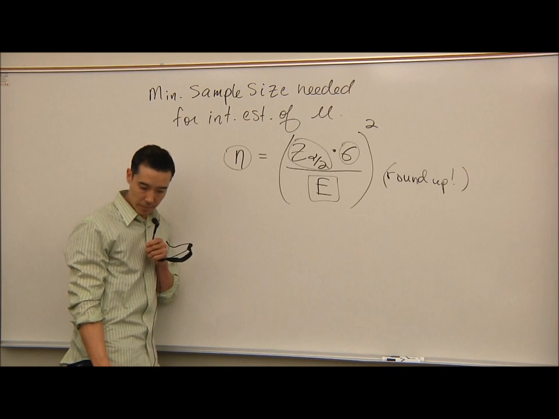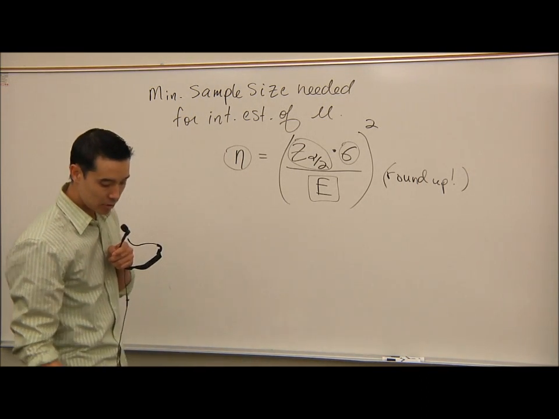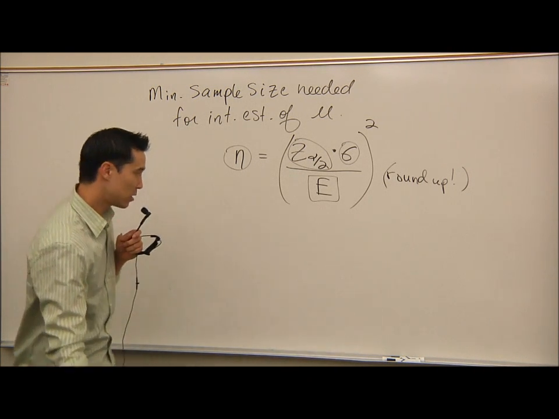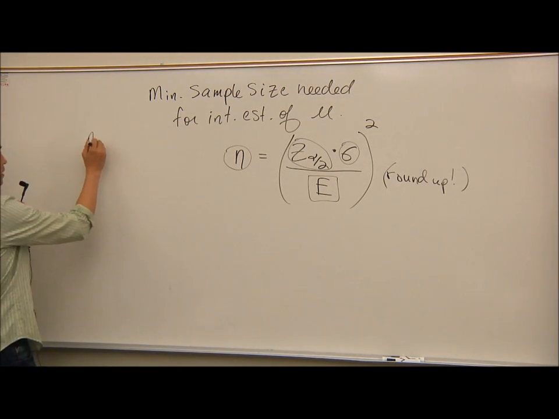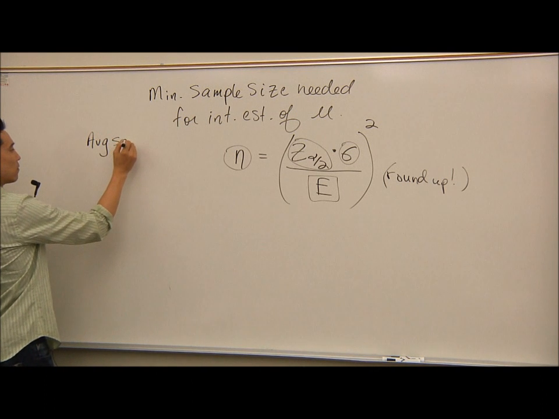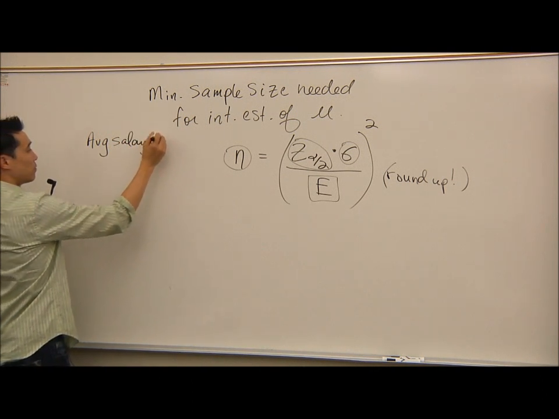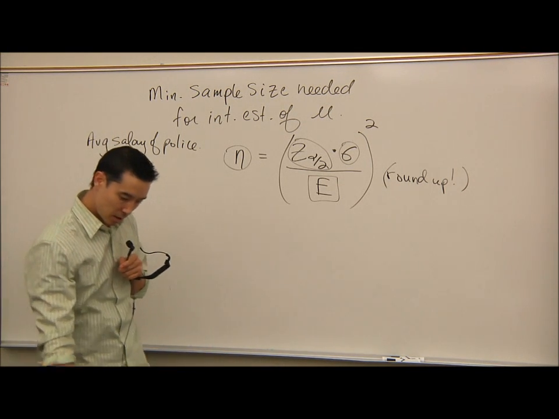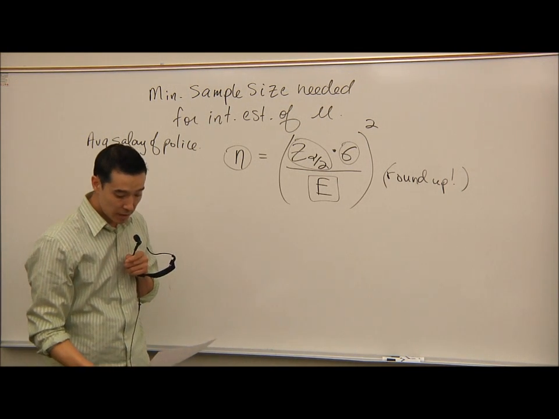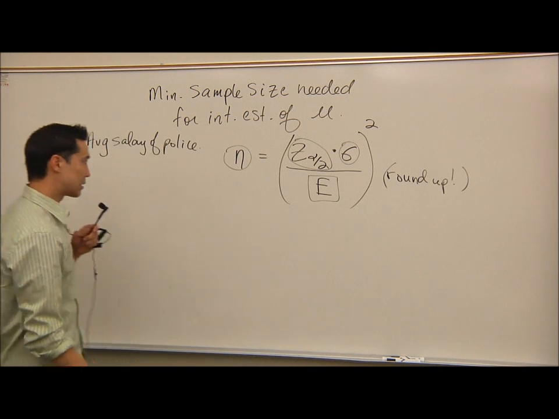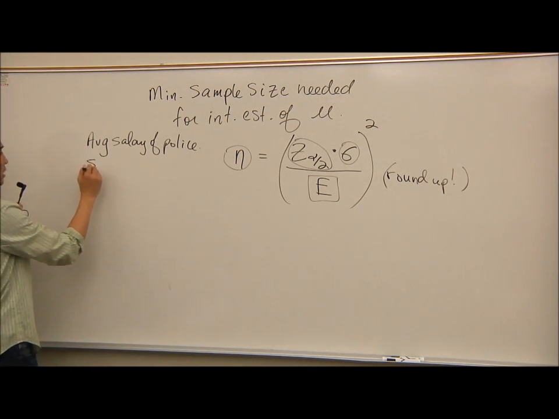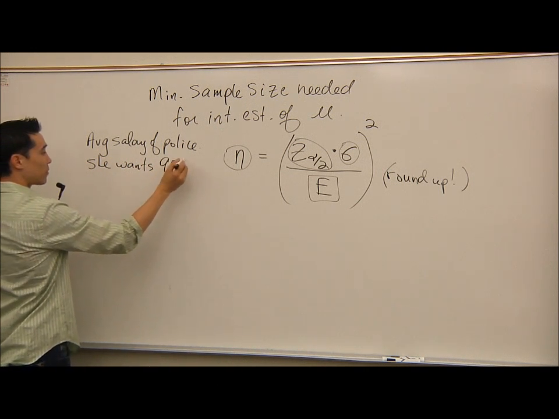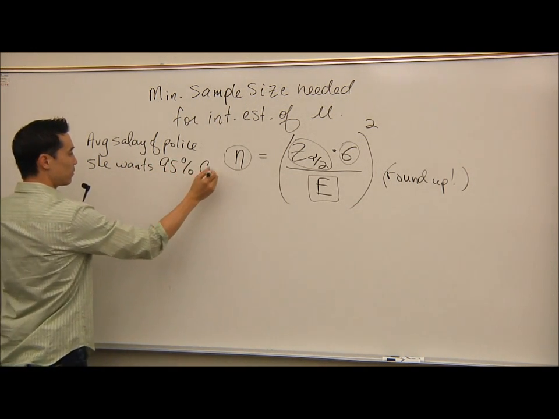Okay, let's do an example. A researcher is interested in estimating the average salary of police officers. So in this problem, we're talking about the average salary of police officers. She wants to be 95% confident in the estimate, so she wants a 95% confidence level.